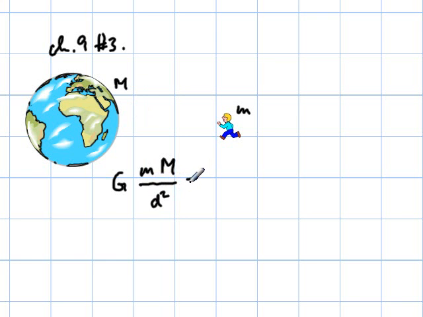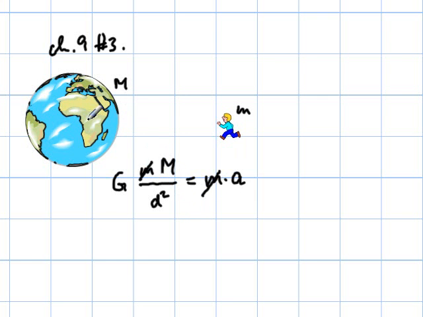And since there is a force between them, there's also going to be an acceleration between them. And of course, Newton's second law says m times a. And now what happens is that this m here would be the person, and therefore the mass of that person would divide out.